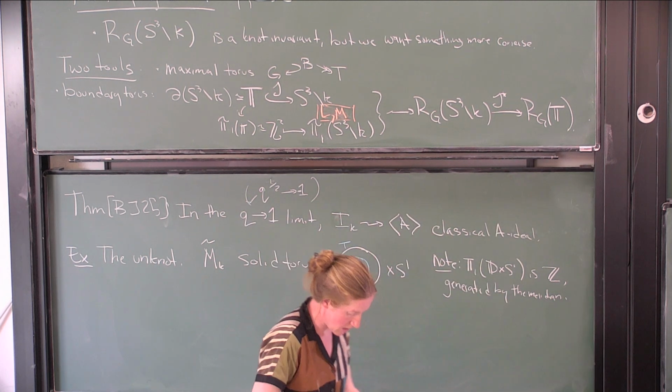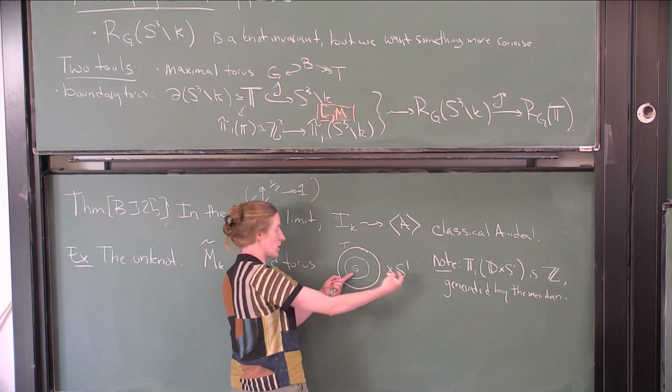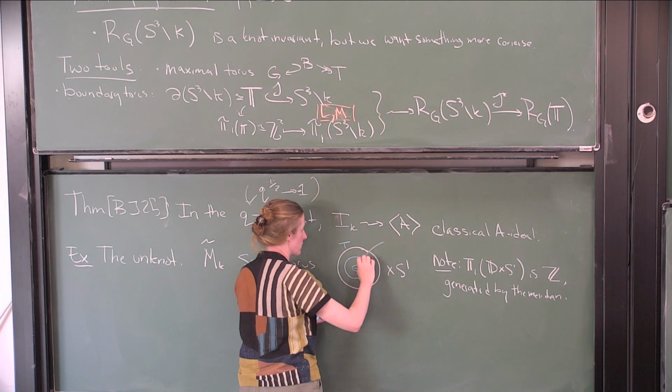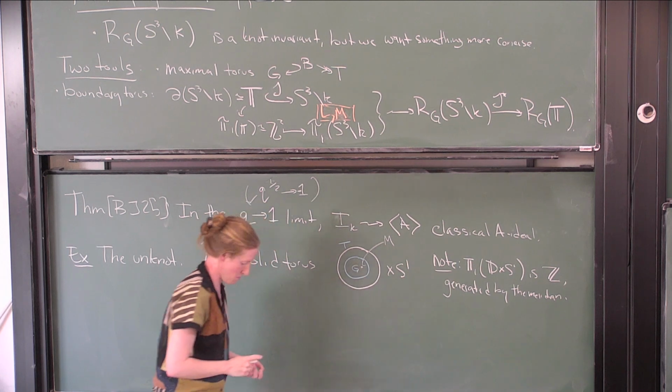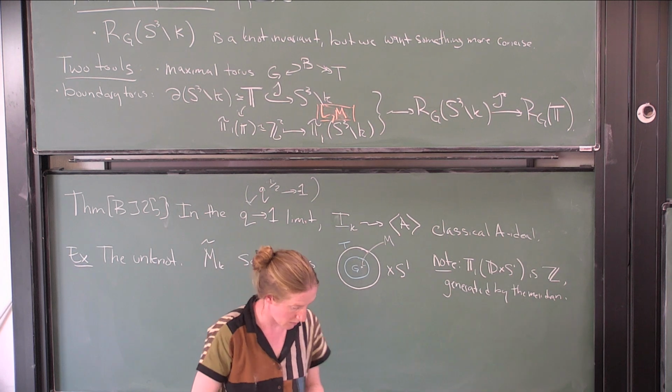If I looked at it in this cross section, the meridian is just going to look like a dot here. So the meridian is going to be this circle we can't see, or I guess this circle. Okay.